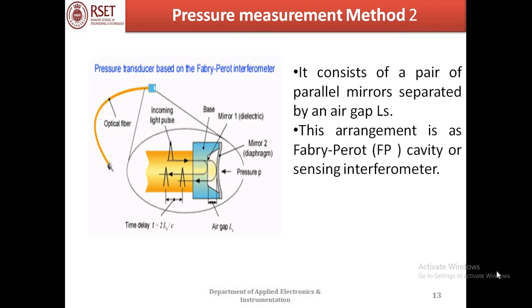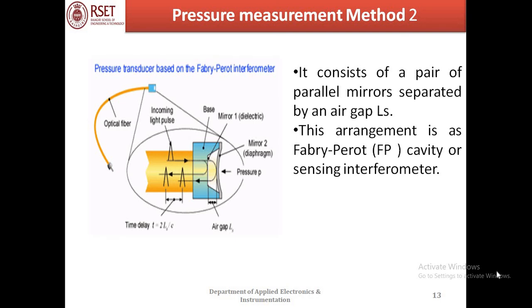A semi-reflective mirror 1 is formed by depositing a dielectric layer at the end of the optical fiber. Mirror 2 is formed by a diaphragm mounted in front of the optical fiber. Exposing the diaphragm to the pressure P to be measured changes the gap between the two plates.